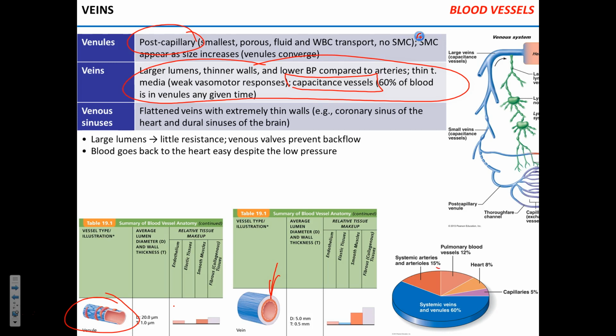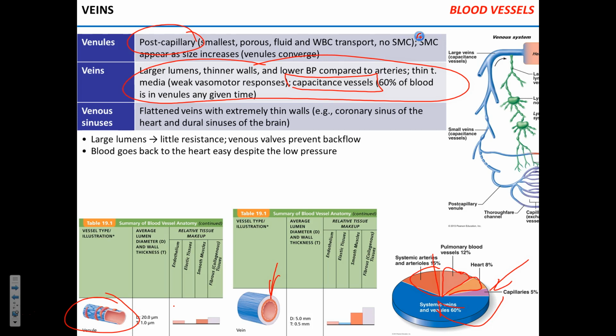In fact, arteries and arterioles carry only about 15%, pulmonary circulation 12%, capillaries just 5%, heart 8%, and veins and venules 60%. Veins represent the pool of blood in your body. Does that make sense? Okay? We good?